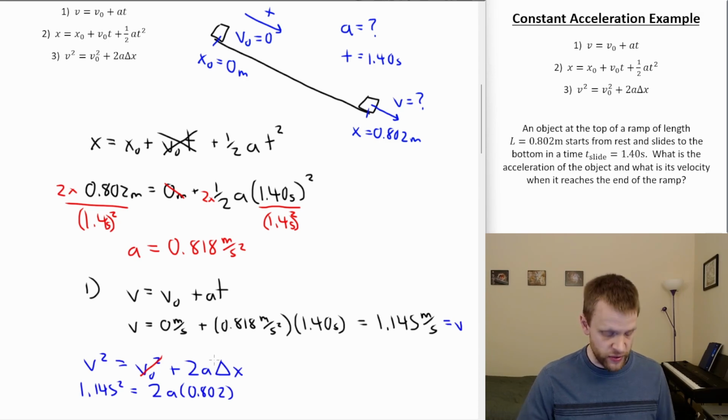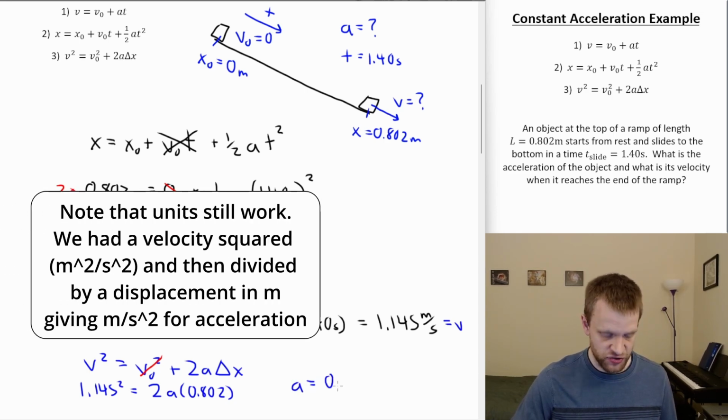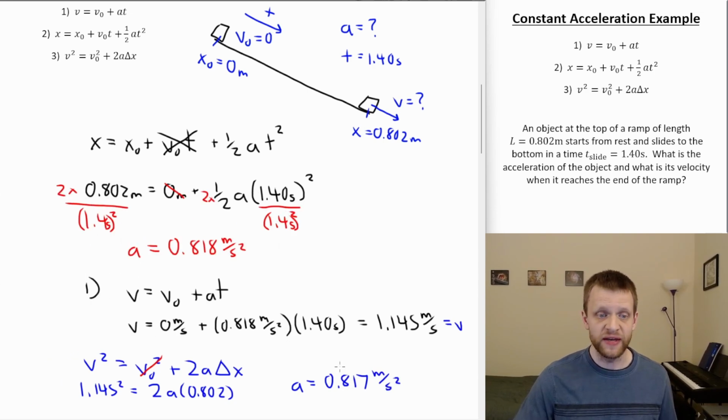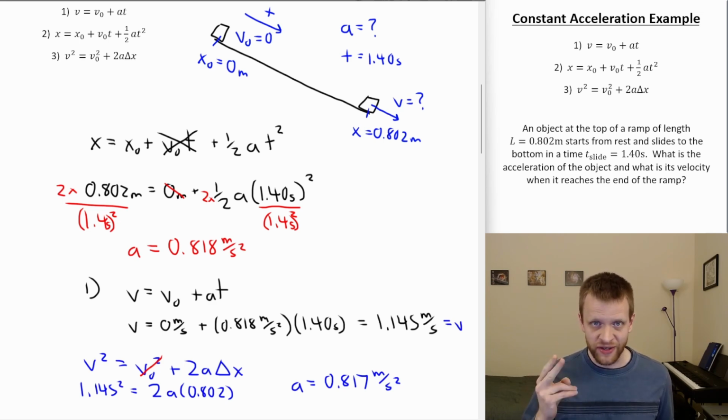And if we do 1.145 squared, and then divide both sides by 2, and then divide both sides by 0.802, the acceleration that I measure from this is 0.817 meters per second squared. Again, within rounding of what we had for the previous measurement. These 3 equations for a constant acceleration system are both self-consistent with each other and consistent with measured data.